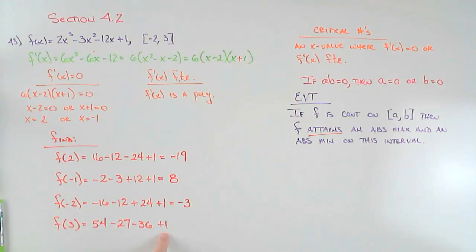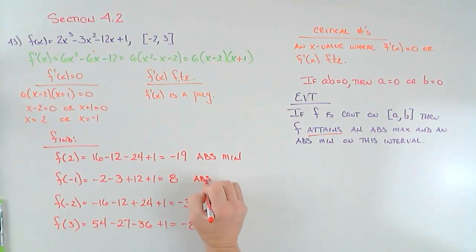Plus 1, 28. Take away 36 is going to be -8. So -19, that's the smallest value, so that's our absolute min. 8 is our largest value, so that's our absolute max.